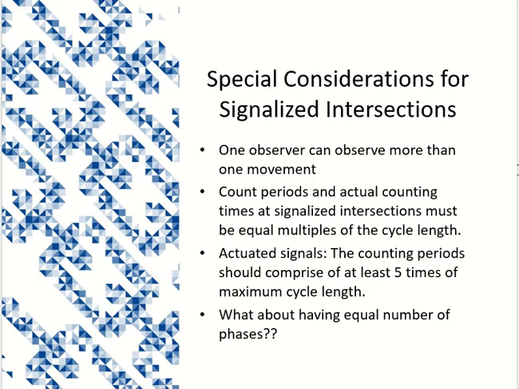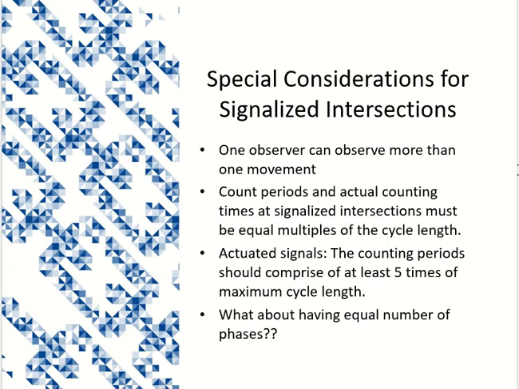Some more points you need to keep in mind if you are doing the counting at signals. The first thing is, at signals all movements do not happen at the same time. At signals you have more margin to assign more observations to one observer.